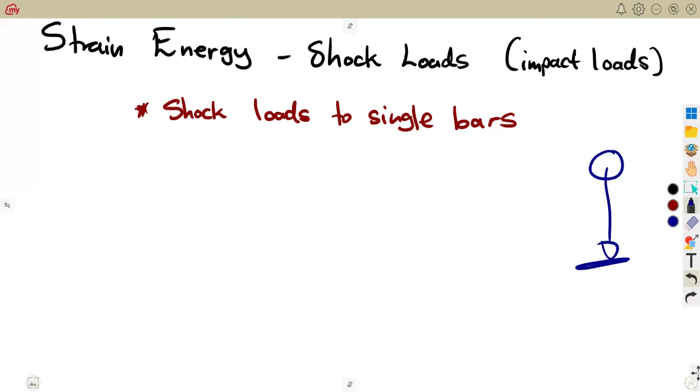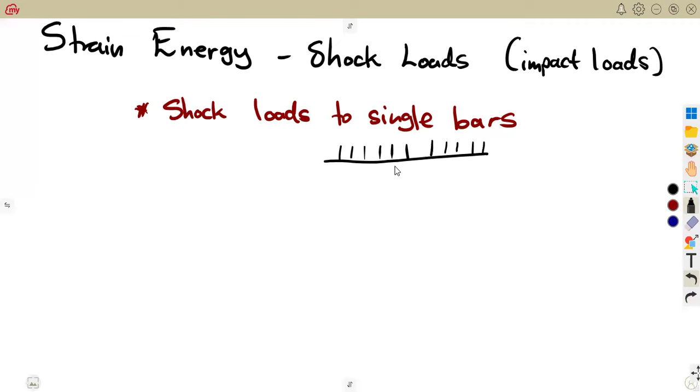So let me explain this way so that we can understand each other. Let's say we are considering shock loads on single bars, and you are given a vertical bar, which is rigidly attached to the top end.